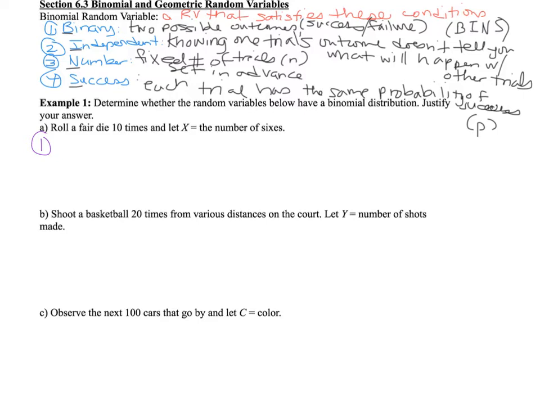So my 2 outcomes in this case are what I call a success, which means I get what I want. I want to get a 6, and you can tell that because this is telling you that we're looking for the number of 6s. So success means I roll a 6. A failure means I roll something else.